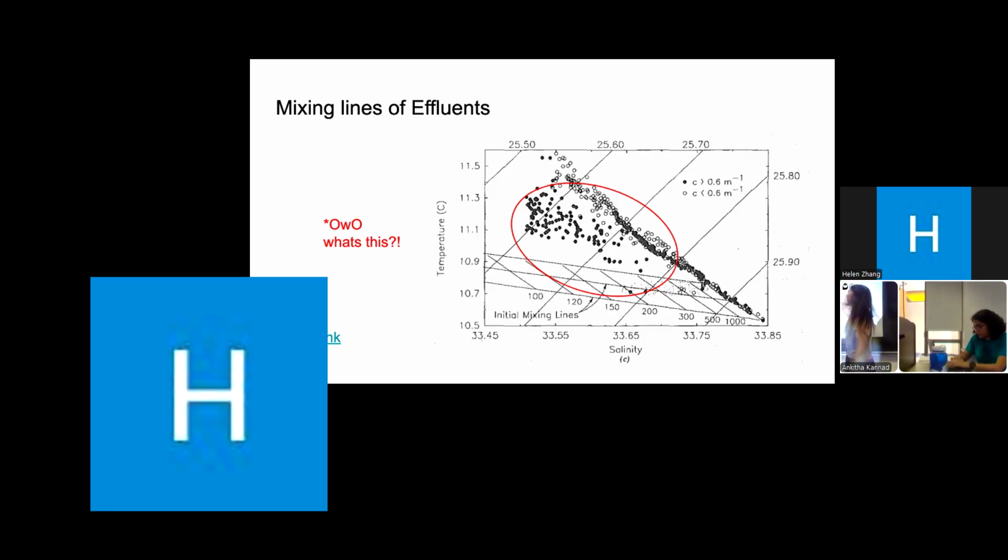This is perhaps a mixing line that goes from the bottom properties to the top, and that's just normal vertical mixing. And then this is the plume stuff.